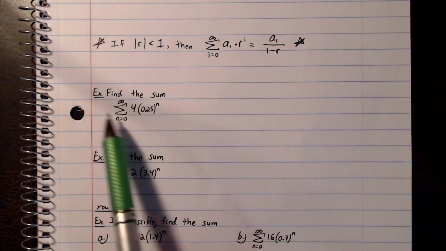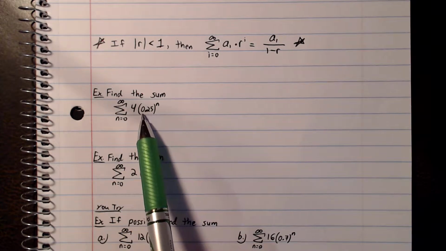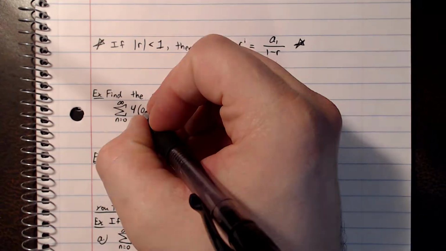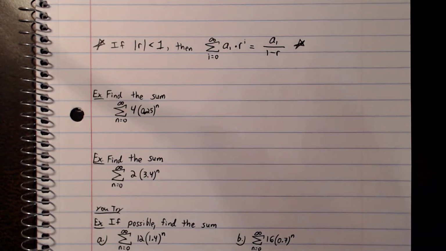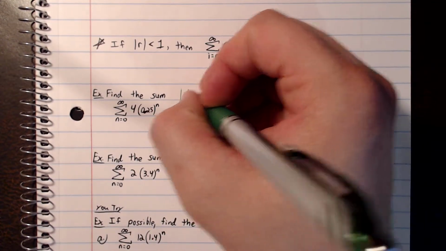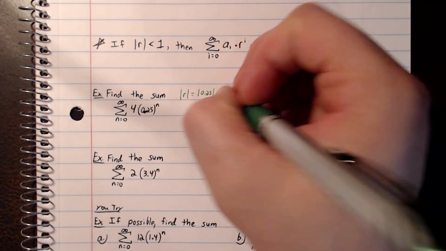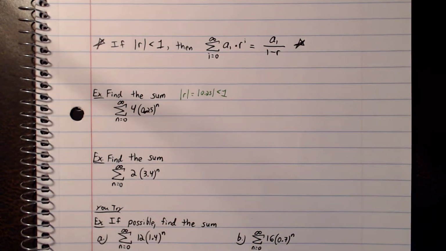So, this is our problem that they give us, right? We're going up to infinity. This is 0.25. It doesn't look like it, but that's a decimal right here. So that's 0.25. Okay, so we do have an r, and our r happens to be less than 1. So because this is true, we can actually just use this formula right here.